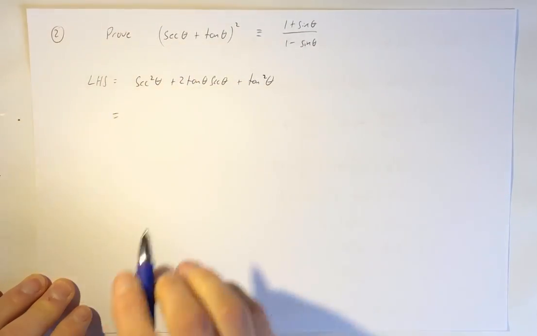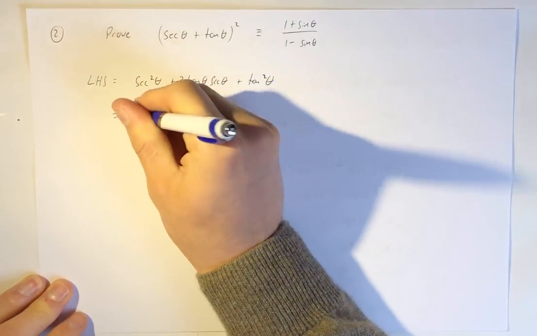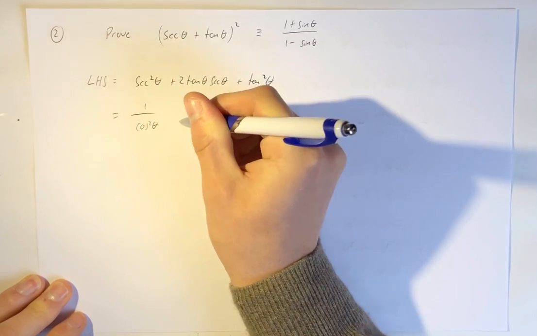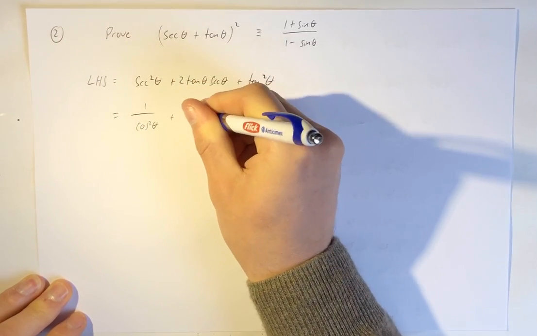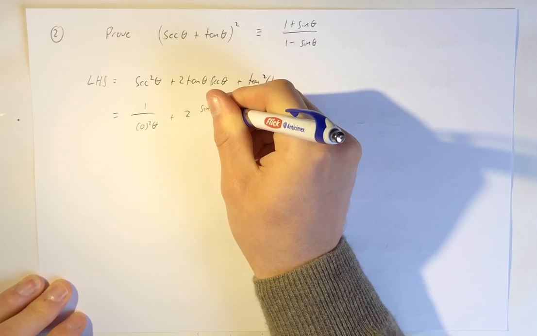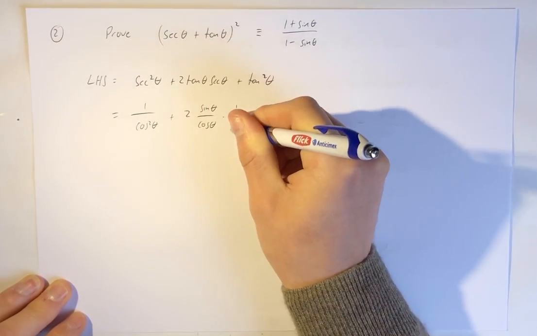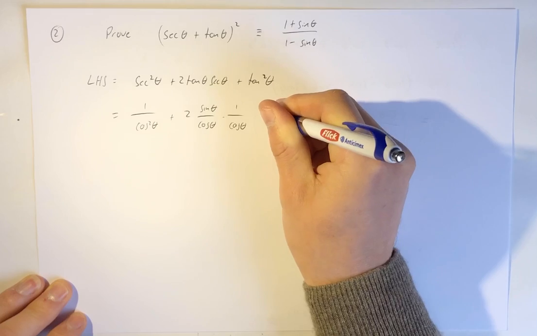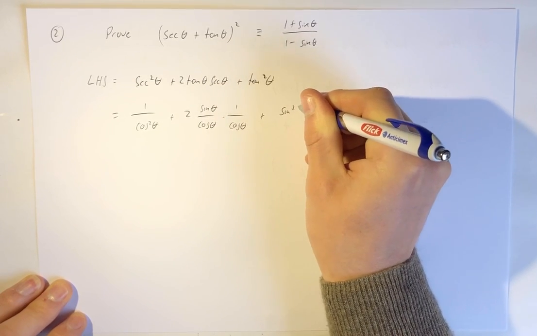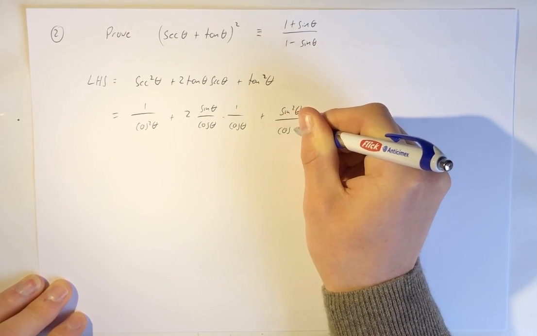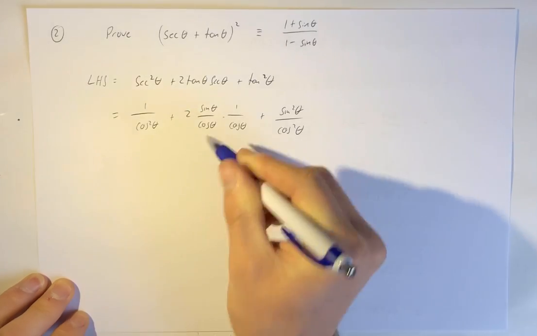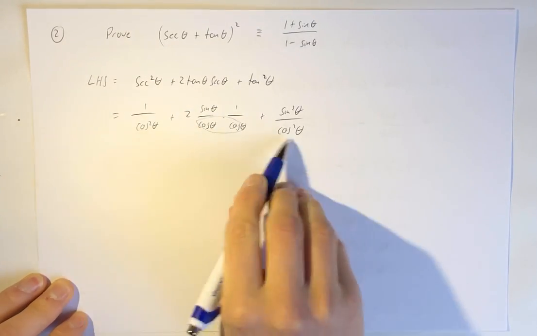Now I wrote these all over cosine, so that's 1 over cosine squared theta plus 2 times sine theta over cosine theta times 1 over cosine theta plus sine squared theta over cosine squared theta. And notice that I've got a cosine squared at the bottom of everything.